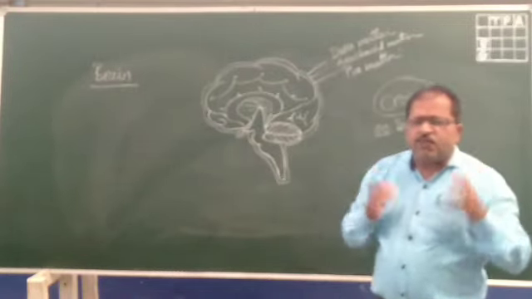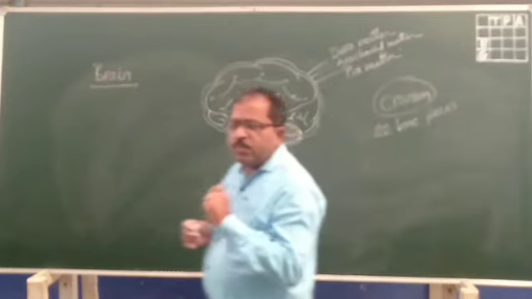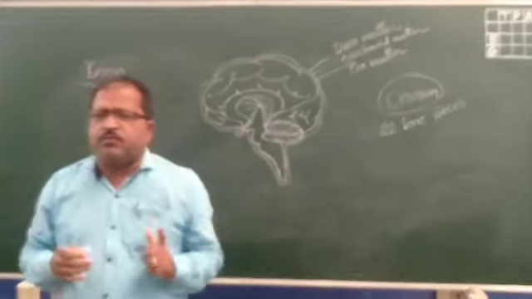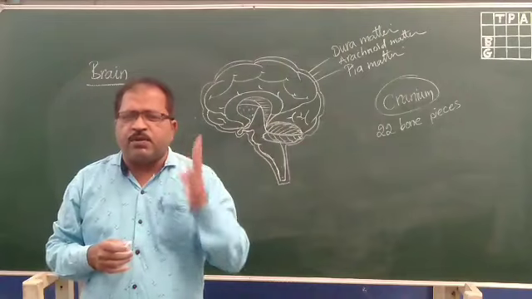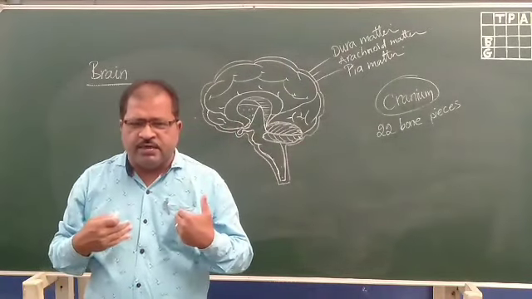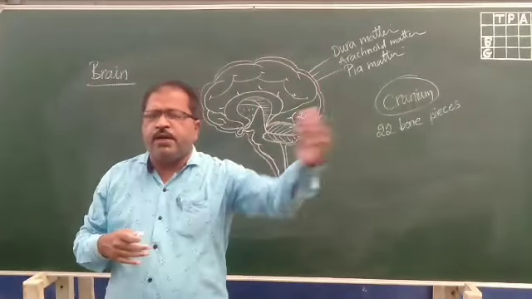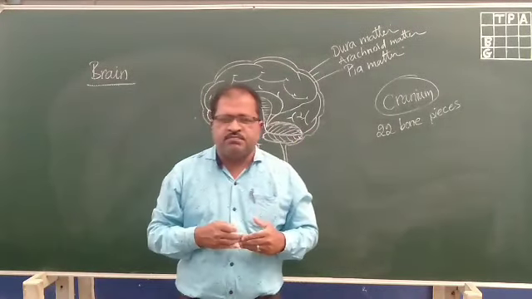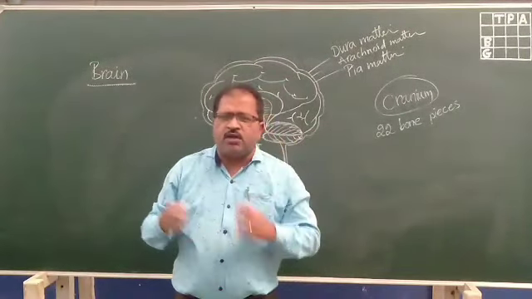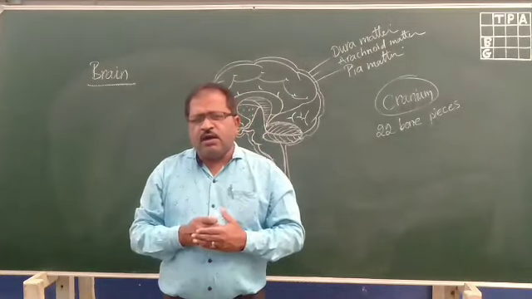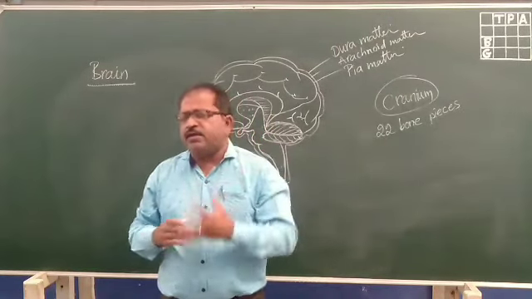Nearly 25% of the oxygen is supplied to the brain itself. Out of the 100% of the oxygen we take in, 25% directly goes to the brain for its activities.